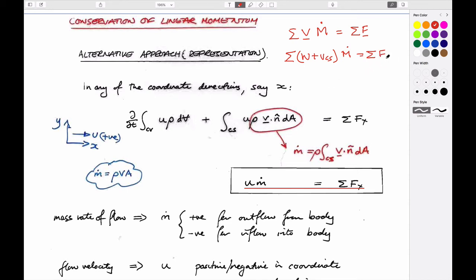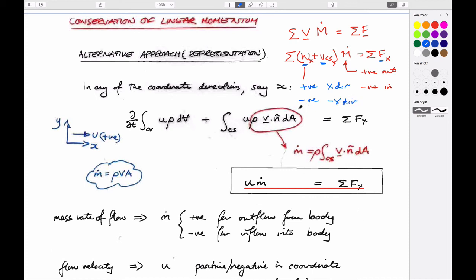These can be resolved in the appropriate coordinate directions, for example, where this is, importantly, positive out, negative in, but these are positive in the x direction and negative in the minus x direction, for example.